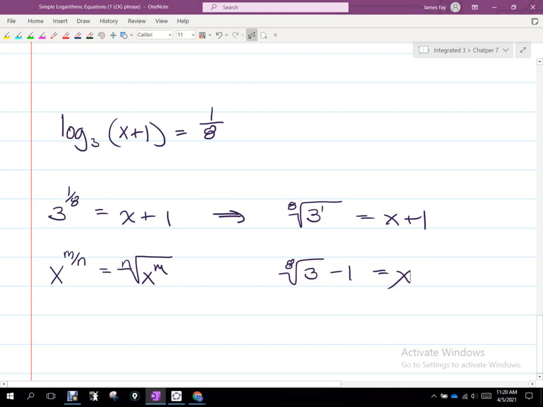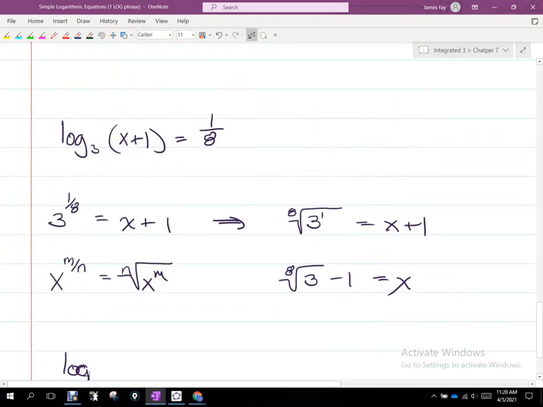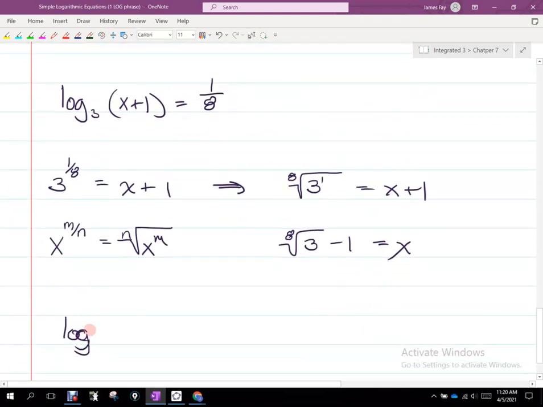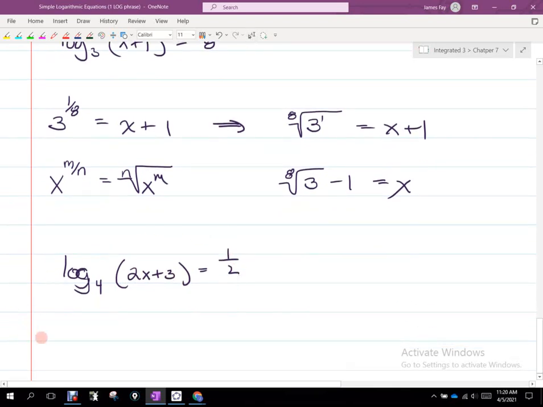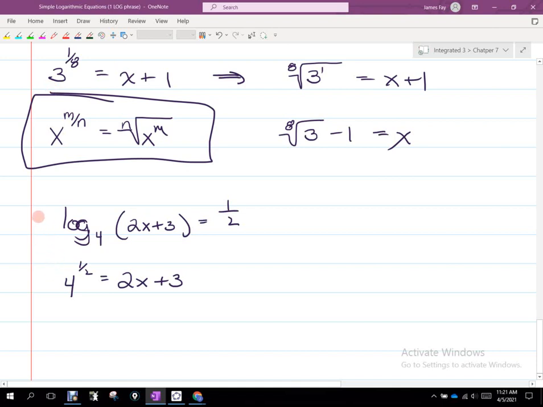But what they probably do in your homework is something of the nature, like log base 4 of 2x plus 3 equals a half. So there we're going to go 4 raised to the 1/2 equals 2x plus 3. Then this 4 to the 1/2, you're still going to use that rule.